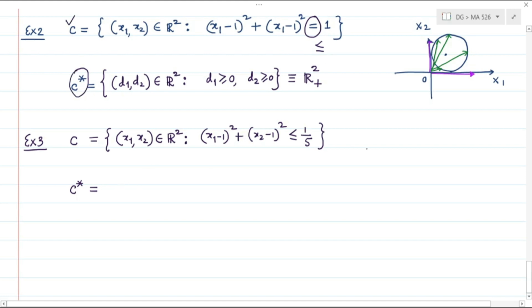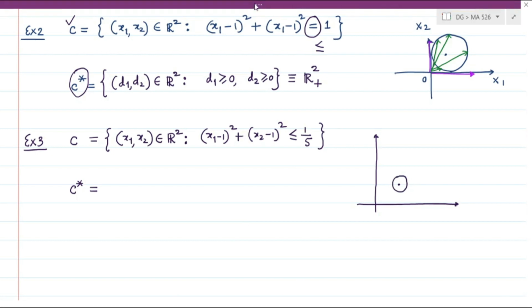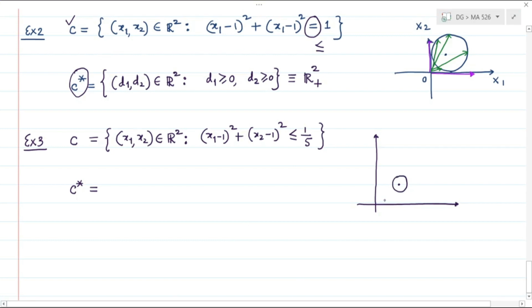Now here, set C has the following graph: a circle centered at (1, 1) with radius 1 by root 5. This is my circle, and here the extreme directions are obviously this tangent to the circle and another tangent to the circle.